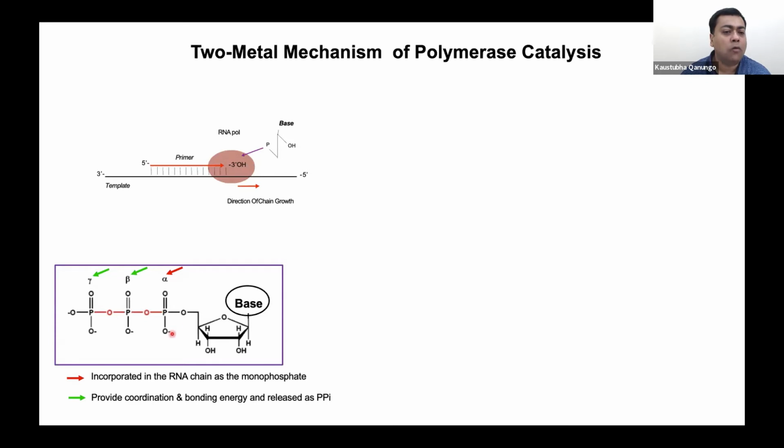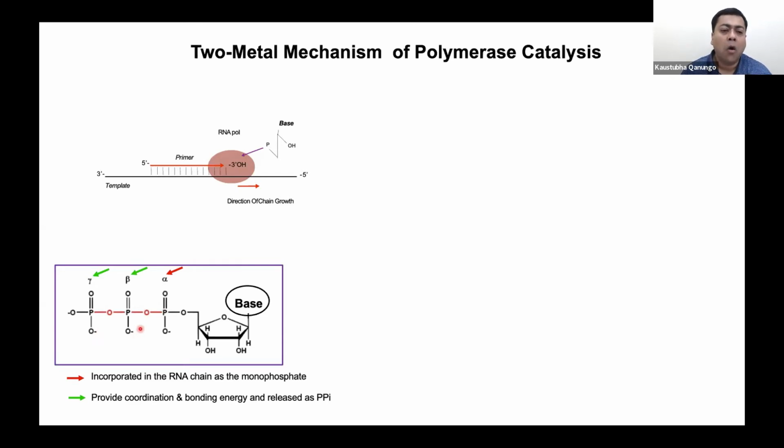And only one phosphate, the alpha phosphate, will go into the RNA chain. So in the RNA chain, it will always be a nucleotide monophosphate, not a triphosphate. So the triphosphate comes in, and these two phosphates actually go out in the reaction.